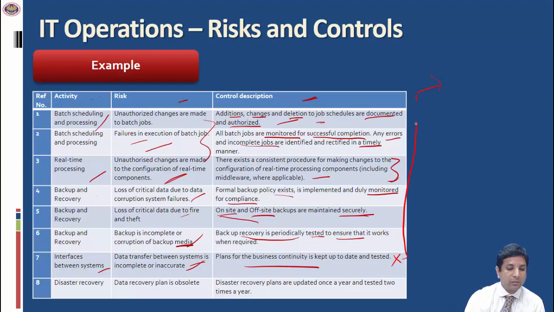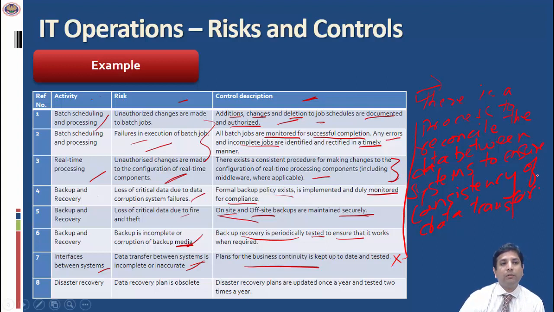To mitigate the risk of data transfer between systems being incomplete or inaccurate, the control could be that there is a process to reconcile the data between systems to ensure consistency of data transfer.